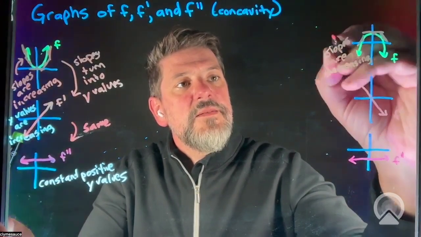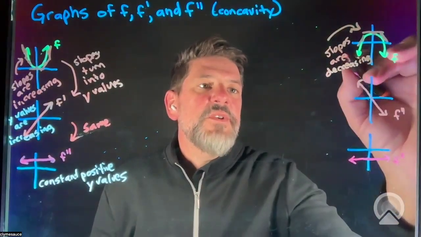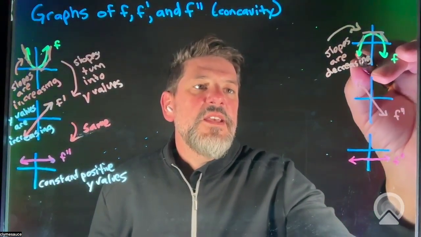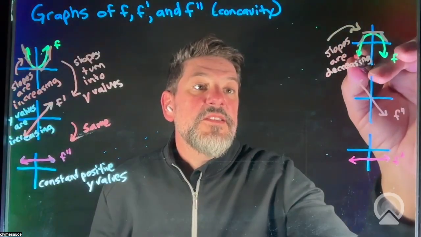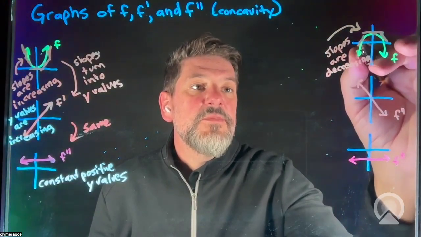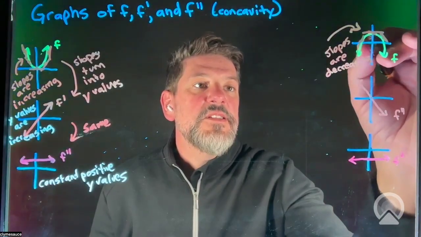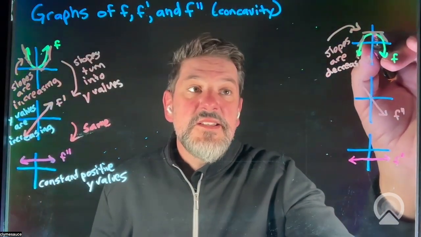Okay, and I know that. So the slopes of the tangent line are decreasing. I know that because I'm going to start with a large magnitude positive slope, and eventually it'll get smaller and smaller until eventually it's zero. So I go from a large positive number to zero. That's getting smaller.